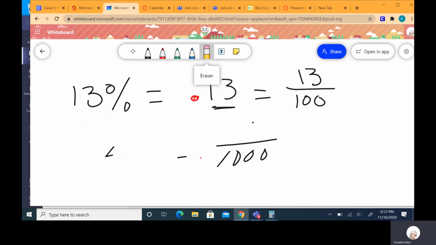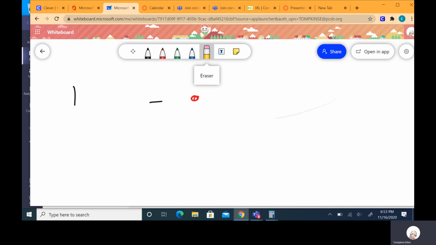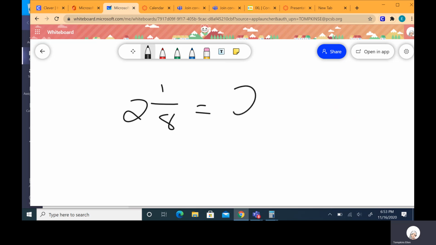If I happen to have a mixed number, let's look at that. If I had 2 1/8, 2 1/8 is going to be 2 point, and then you're just going to divide down the fraction.